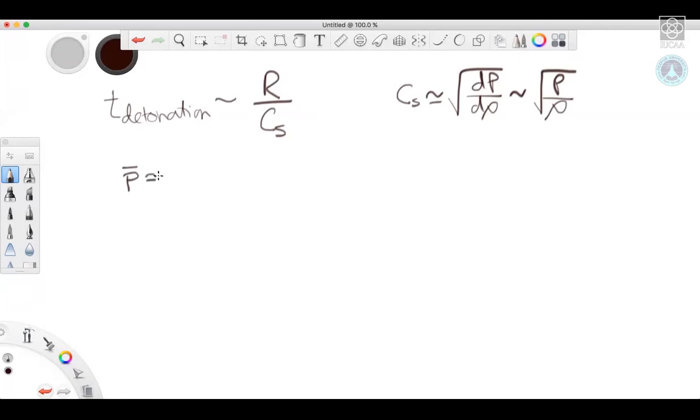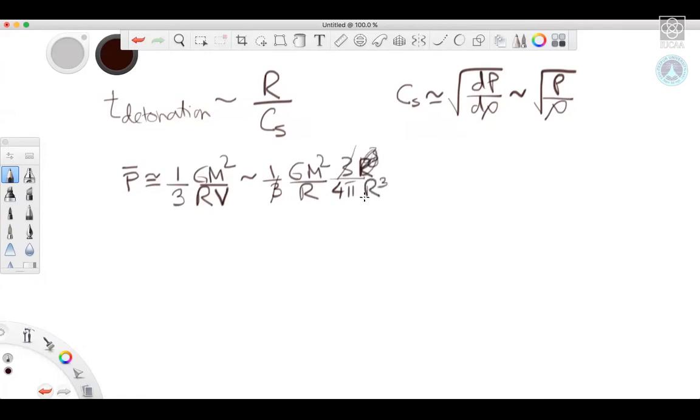Remember, after the virial theorem I worked it out, and I said the mean pressure times volume is one third of GM squared over R. So we can use that here, where the volume is 4 pi over 3 R cubed. So I have GM squared over 4 pi R to the power 4.